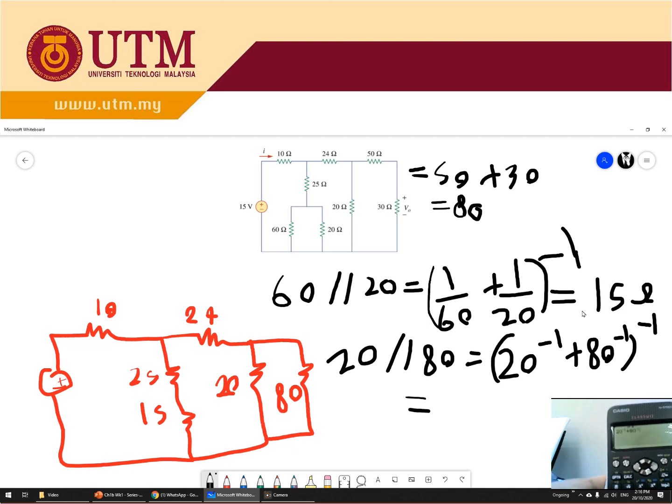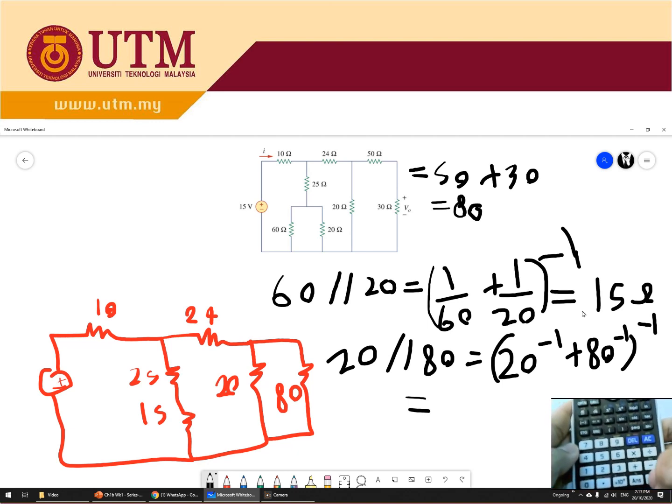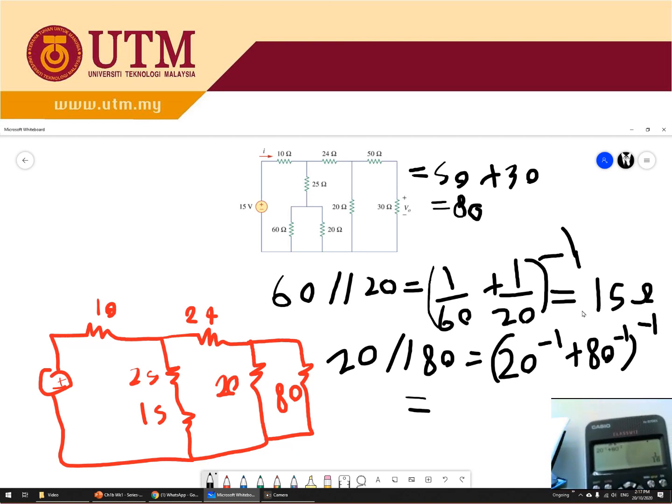Then just equals, you get 1 over 16, and then reciprocal again, the answer. So you get 16. So now this one is 16.